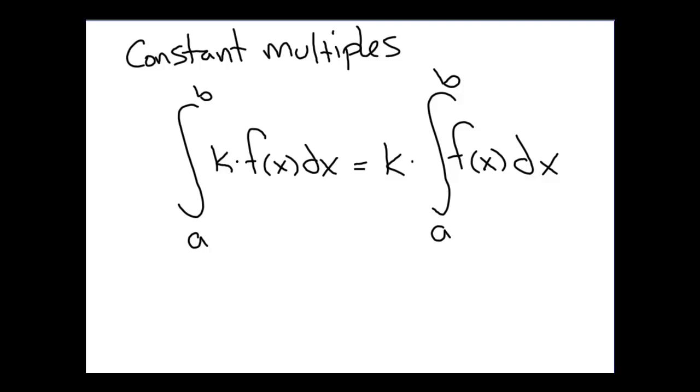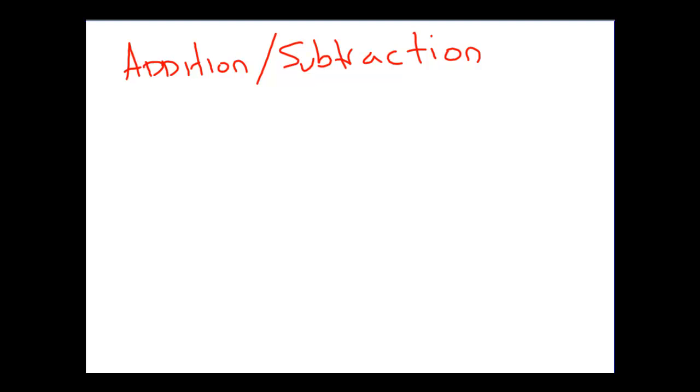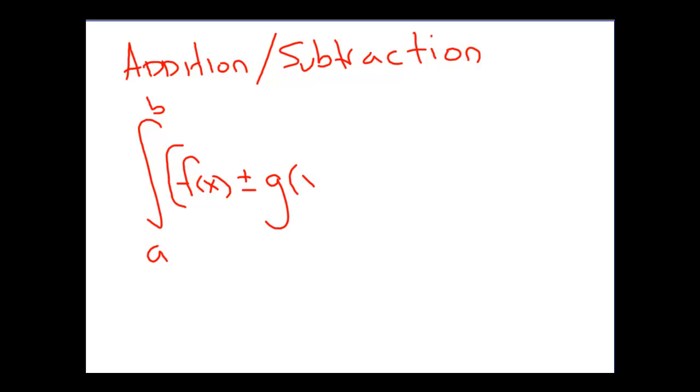That becomes a very useful property as well. There's another property, a linearity property. So we can look at addition and subtraction here as we did with derivatives. If I have the integral from a to b of some function f of x plus or minus some other function g of x, and we're integrating this whole thing, this is like the sum and difference rules for derivatives.